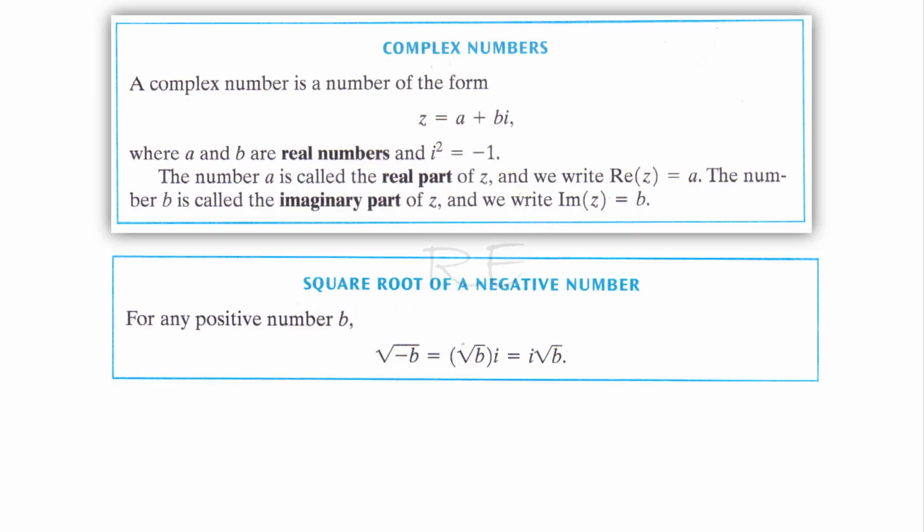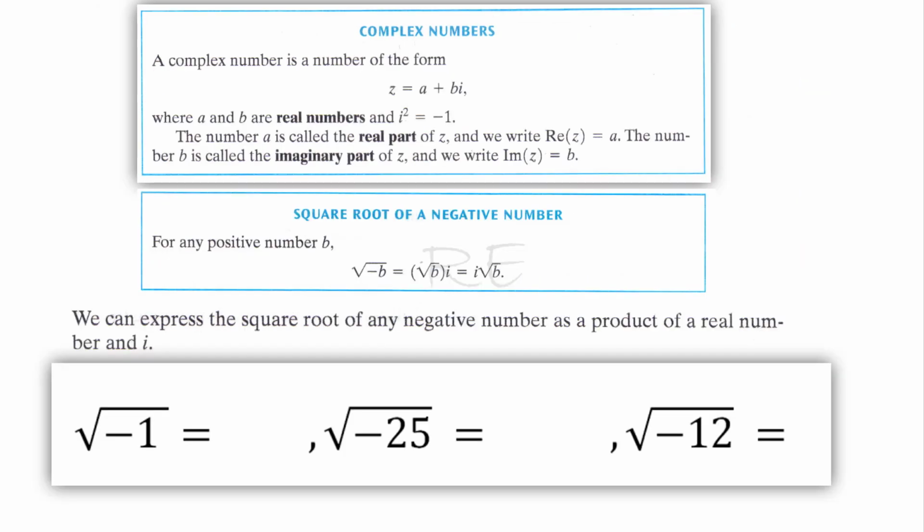So for any negative, square root of -b is really square root of b times square root of -1, which is i. So it's i square root of b. Therefore, square root of -1 is equal to i by definition.